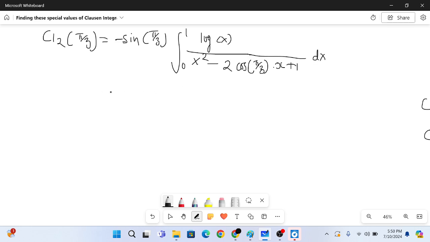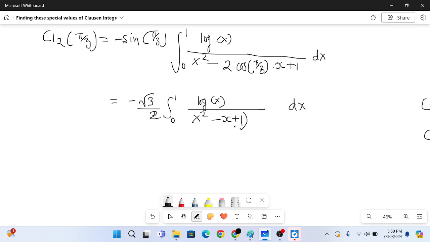Okay, looks good. Now this is minus sine of 60, which is root 3 by 2, so minus root 3 by 2, and then the integral from 0 to 1 of log x, and cos 60 is 1 by 2, so this is just x squared minus x plus 1 dx.